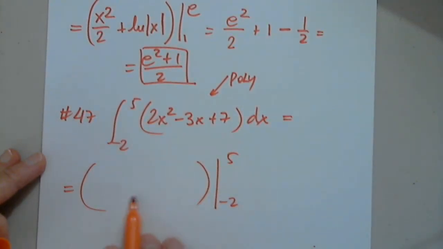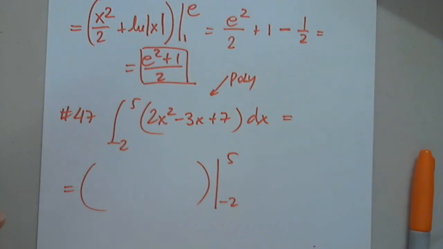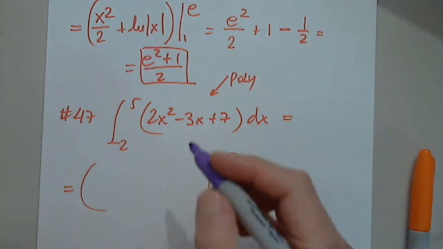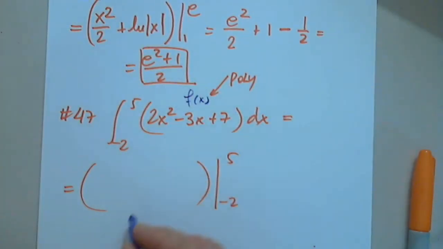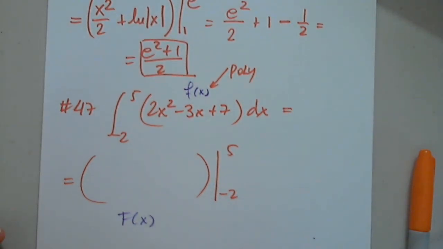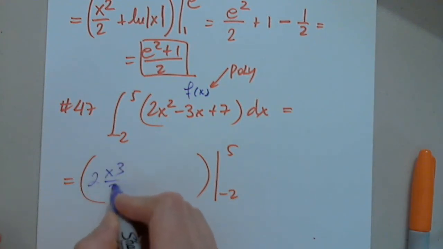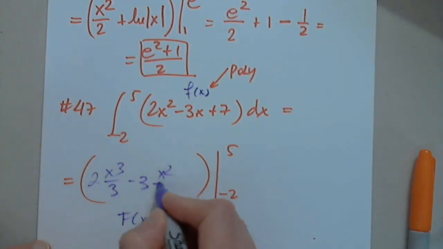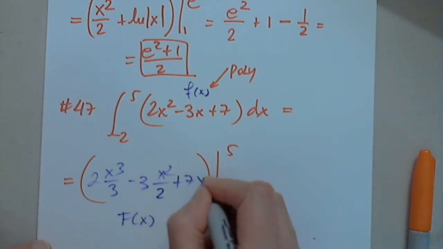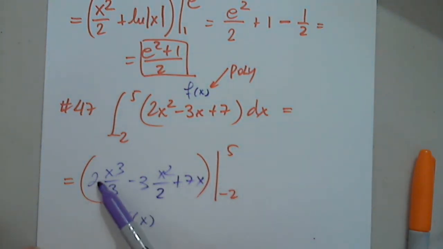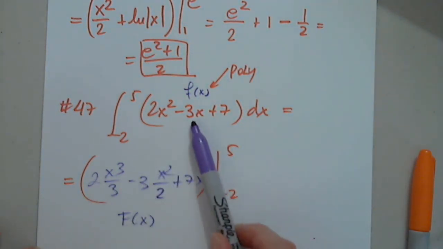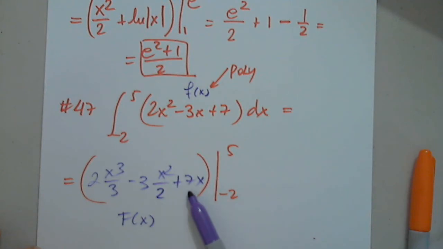So can anyone give us the antiderivative? So this is the f of x, and this is the uppercase F of x. Indeed, 2 times x to the third over 3 minus 3 times x squared over 2 plus 7x.